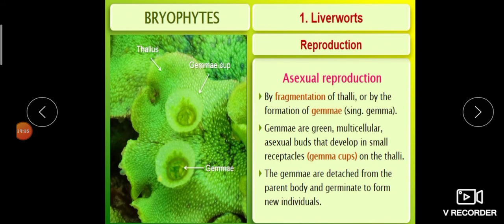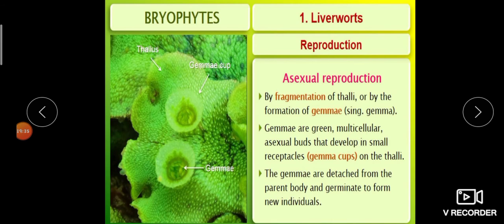Come to the reproduction part of liverworts. Asexual reproduction is by fragmentation of thalli. That is, the parent thallus divides into two separate thalli, and each may give rise to an individual thallus.